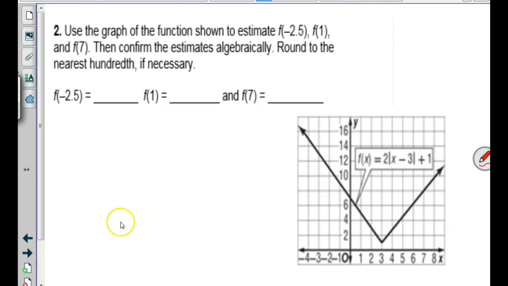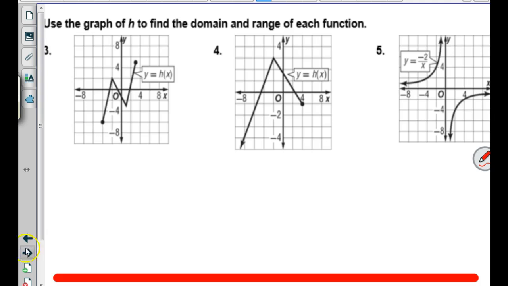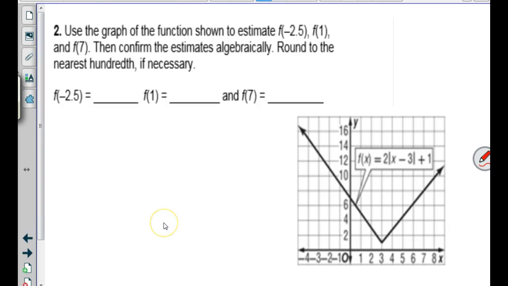All right. Last thing I'm going to do today. We'll start with the domain and range again tomorrow. You can interpret from a graph, and this is on the quiz. What is this saying? Is that an X or a Y value? F of negative 2.5. Negative 2.5 is an X value.